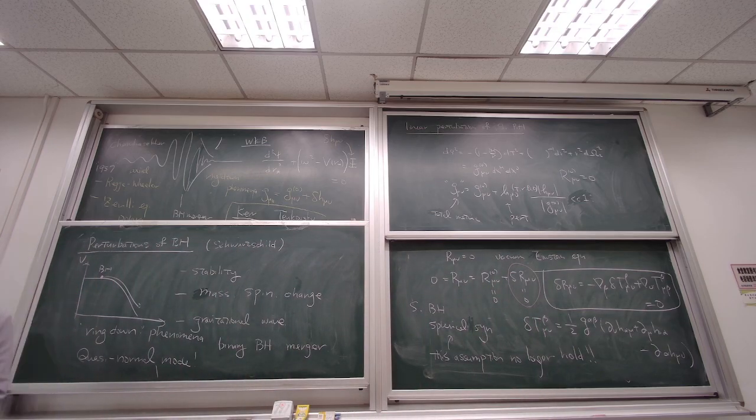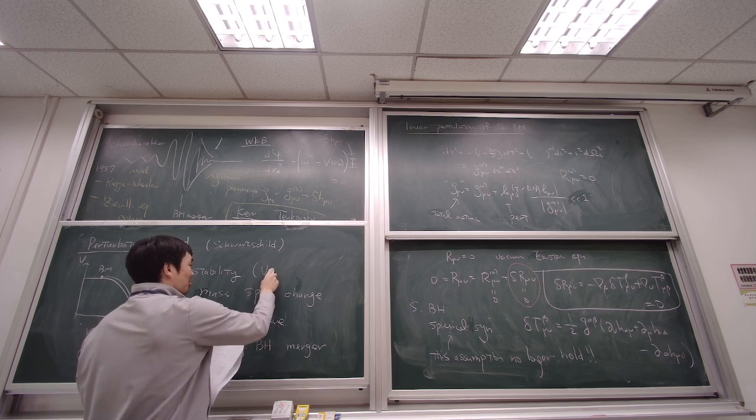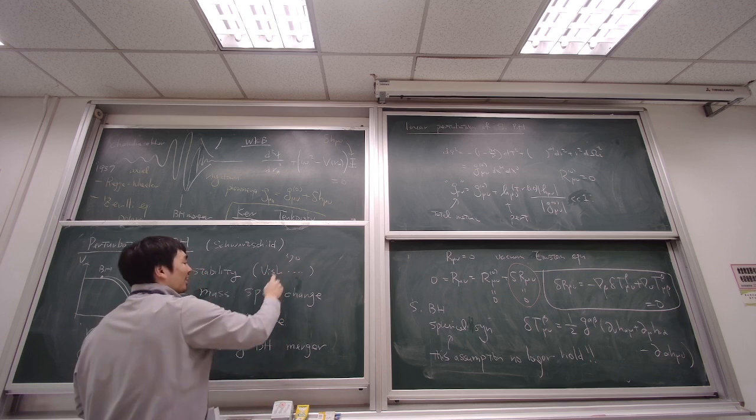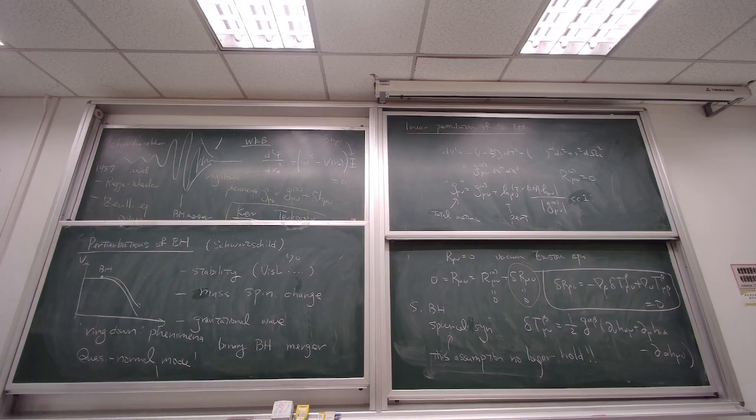Oh yeah, by the way, before I erased it, unfortunately, this stability was shown by an Indian mathematician, I'm very sorry, in the 70s. Indian physicists in gravitational fields are really amazing.